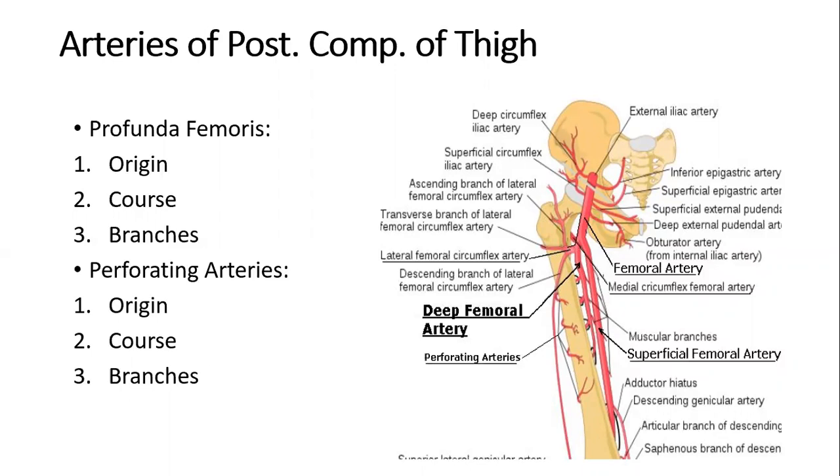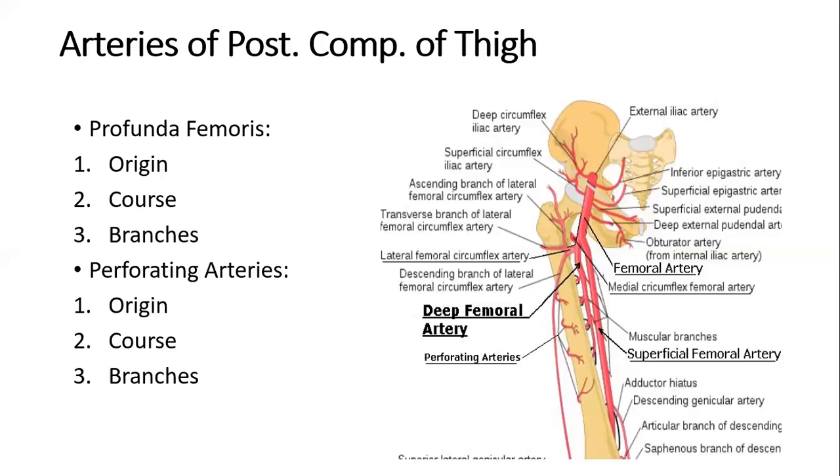The branches that are given off by the deep femoral artery include lateral circumflex femoral artery, medial circumflex femoral artery, and the perforating arteries. Now let's talk about perforating arteries. Perforating arteries, they arise from the deep femoral artery.